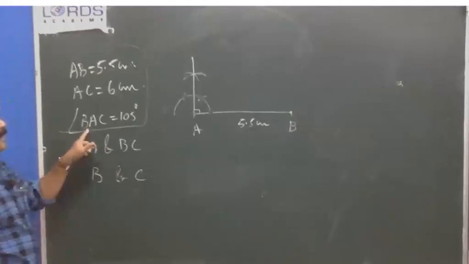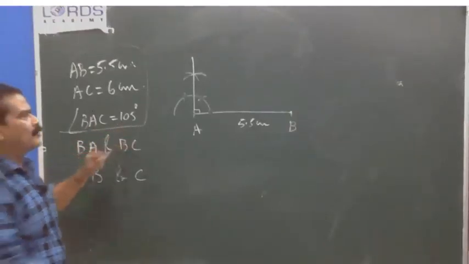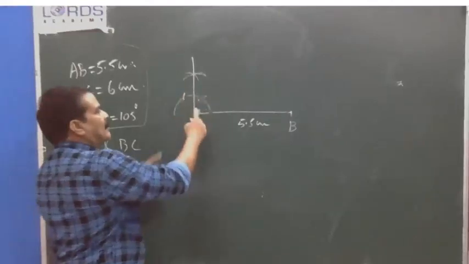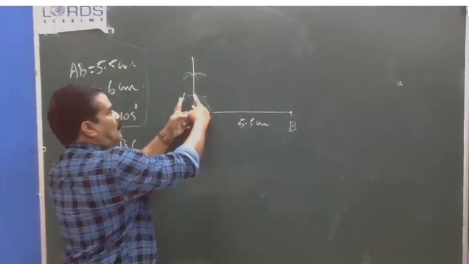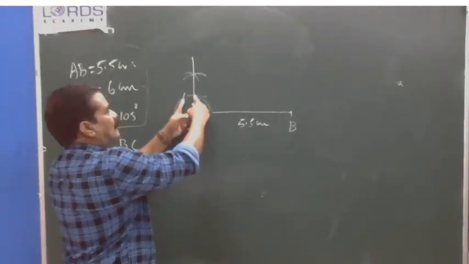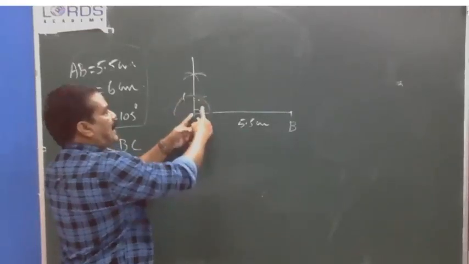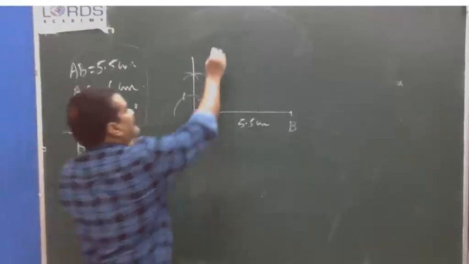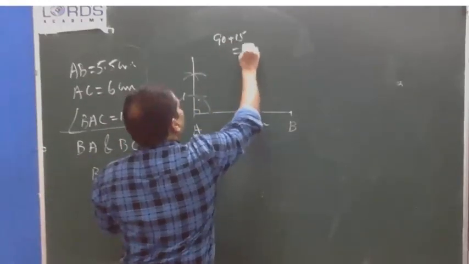But our required angle is 105. How can you draw this? Here this is 30 degree. You draw the bisector of this angle. 30 divided by 2 will be 15. 90 plus 15 is equal to 105.